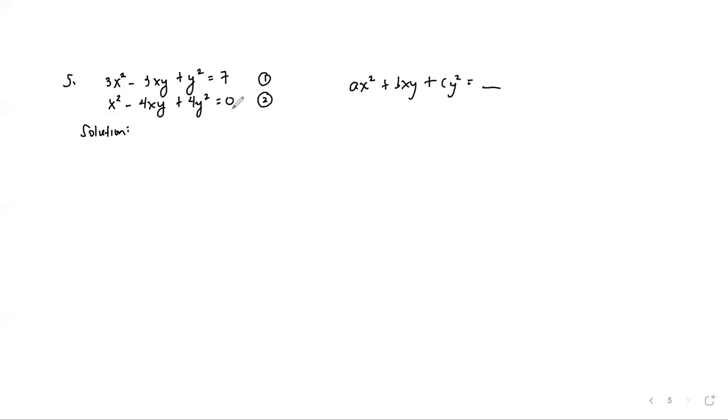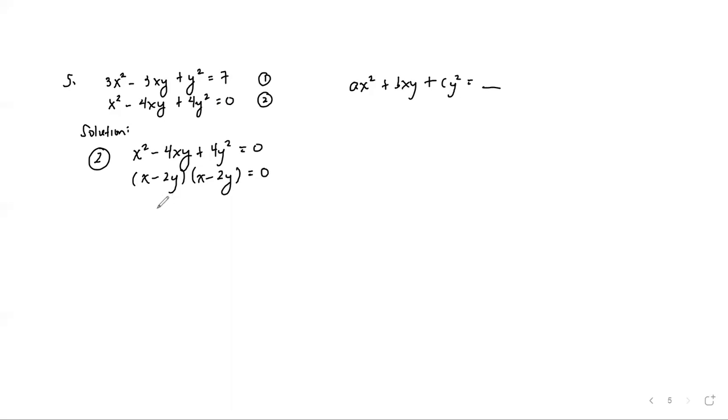So when one of the constants is 0, we will be factoring that equation. So from 2, we have x squared minus 4xy plus 4y squared equals 0. So when we factor these, we get x minus 2y times x minus 2y equals 0.